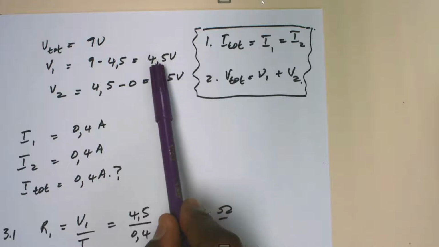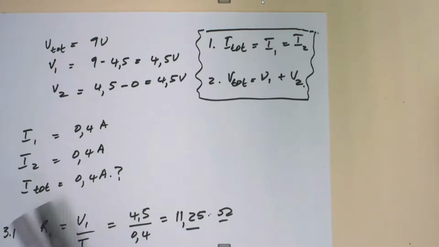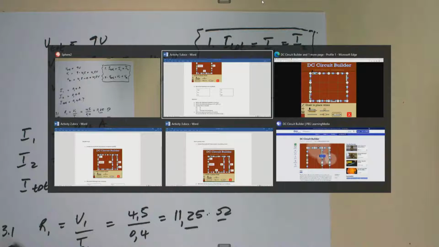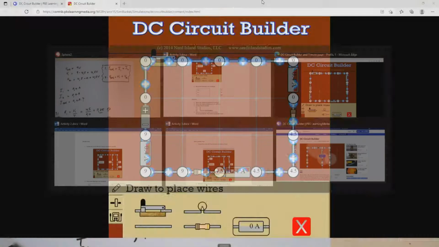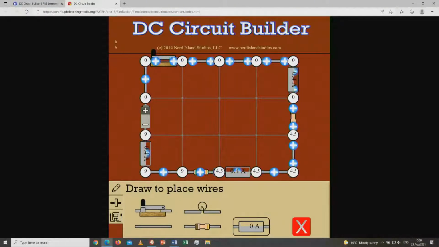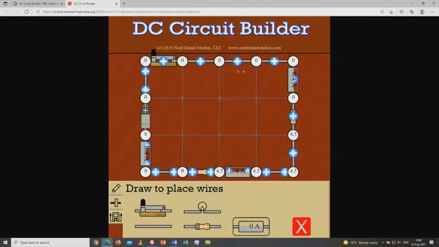But for the current, we noted that the total current is 0.4 amperes. The current through resistor 1 is 0.4 amperes, and then the current through R2 is 0.4 amperes. So it appears, as we look at this, that the current through the circuit is the same at each and every point of the circuit.